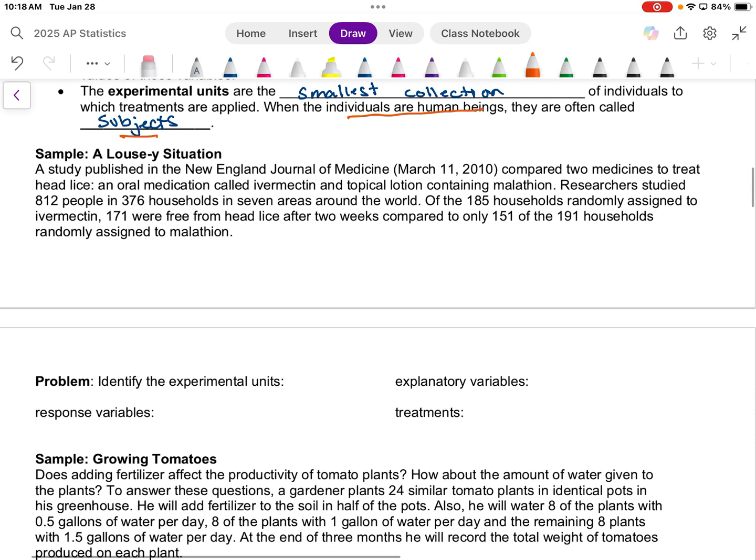They asked us to identify the experimental units, the explanatory variables, what's the response variable, and then what are the treatments. So again, if you want to work ahead of me, you can. As we look at our experimental units, would be our households.